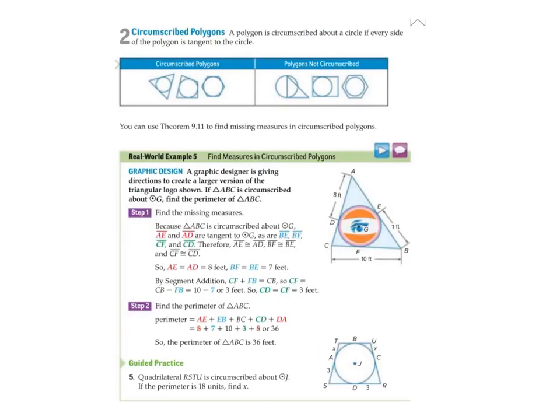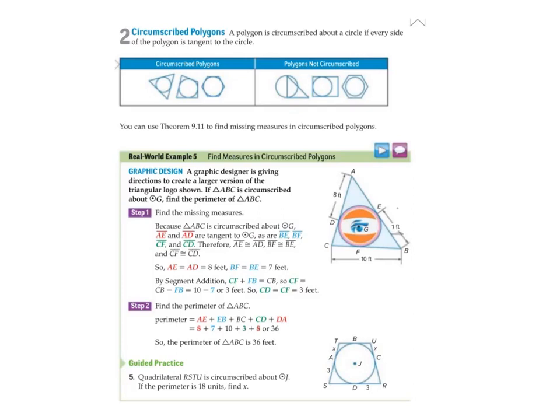And then finally, example 5. Don't forget, tangents from any point to the circle must be congruent. Even though it doesn't show it too much on the diagram, you will see that it does. For instance, from E to B, you're told that it's 7 feet.